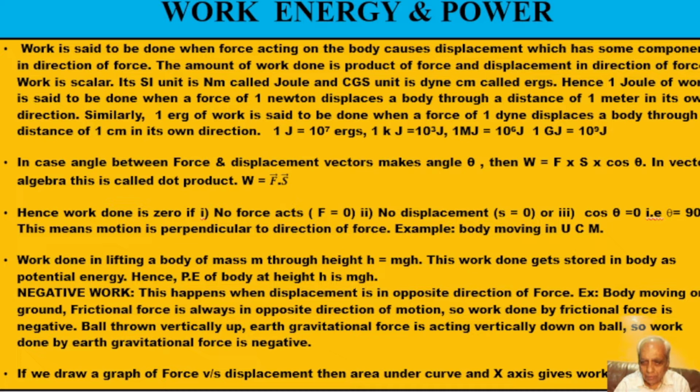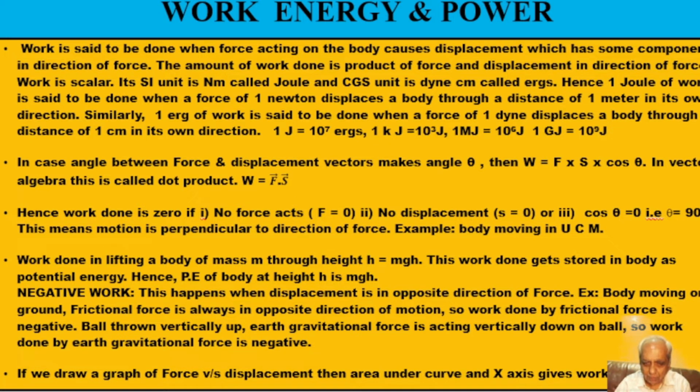Now force and displacement both are vectors, but when we multiply their magnitude, the work done is scalar. Such products, when two vectors are multiplied and the answer is scalar, we will be learning in vector algebra. This is called dot product.